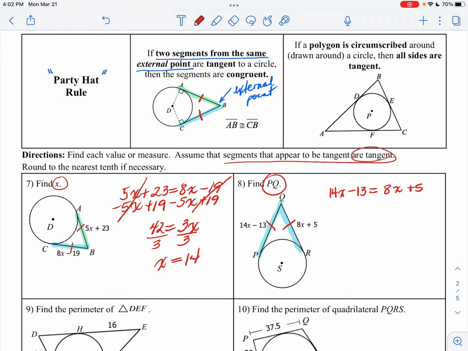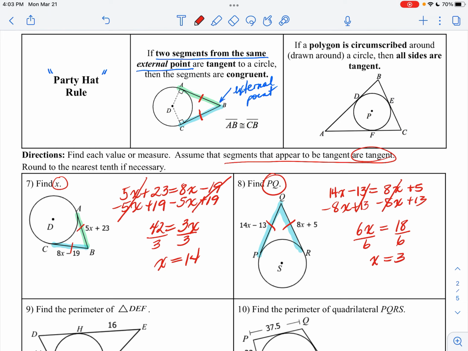We are going to find PQ. So subtract 8x from both sides and add 13. And so we know that 6x equals 18. Divided by 6, x equals 3.